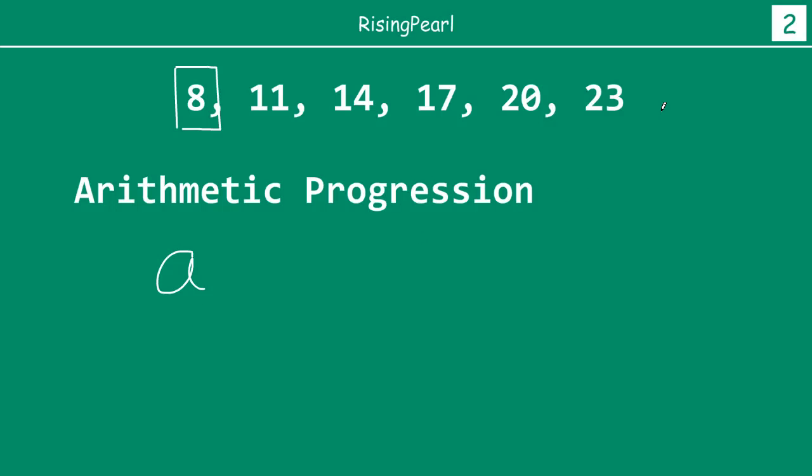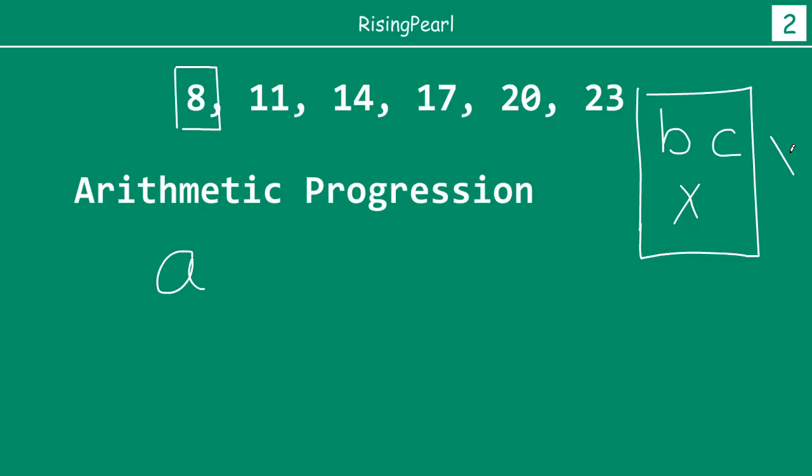It is not B, it is not C, it is not X. It is standard practice to represent the first term of an arithmetic progression by A. So we say A is equal to 8.